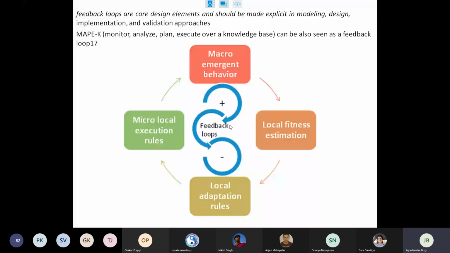Okay, so that means in any system you take, that may be a device or a spacecraft, that may be any artificial device, you are trying to build a macro emergent behavior, but you need to build self-awareness capability inside, along with some rules inside.